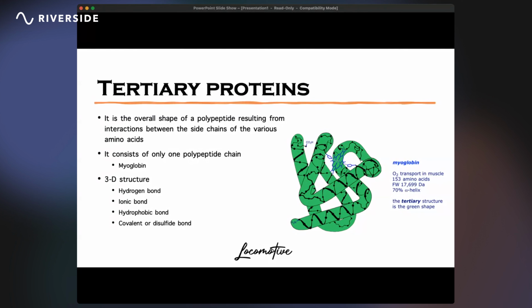The three-dimensional structure is determined by four main factors that involve interactions among R groups belonging to the same polypeptide chain. These include both weak interactions and strong covalent bonds. So, first one is hydrogen bonds. They form between R groups of specific amino acid subunits.